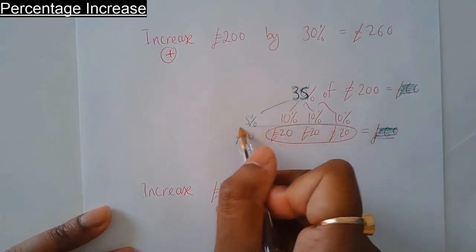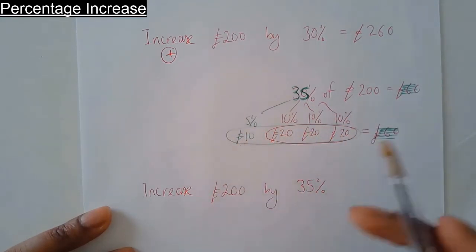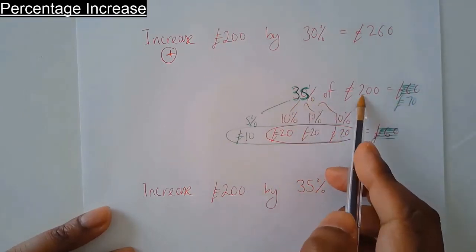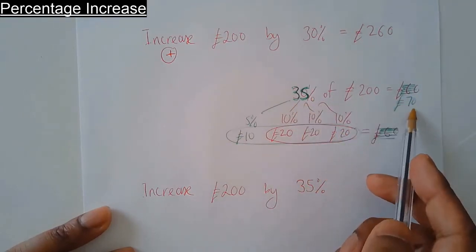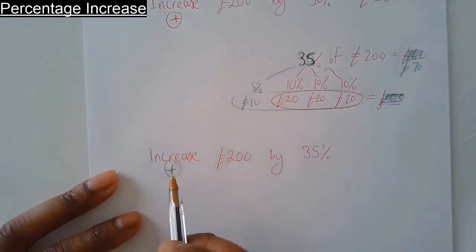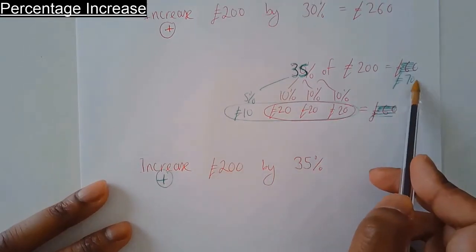So altogether now, 20 plus 20 plus 20 plus 10 makes £70. 35% of £200 is £70. Increase means adding, so we're going to do 200, add 70.